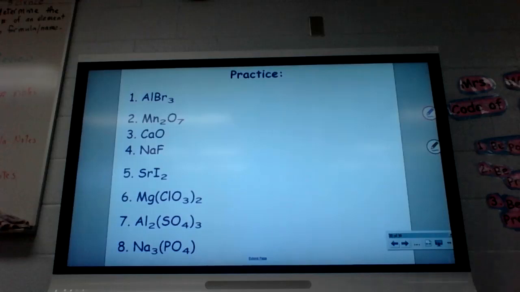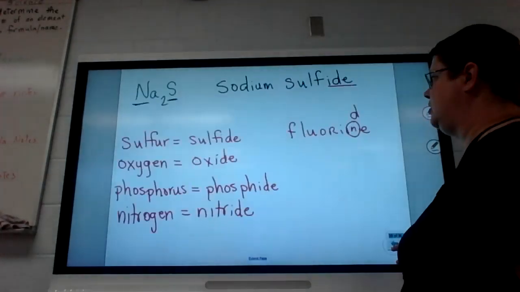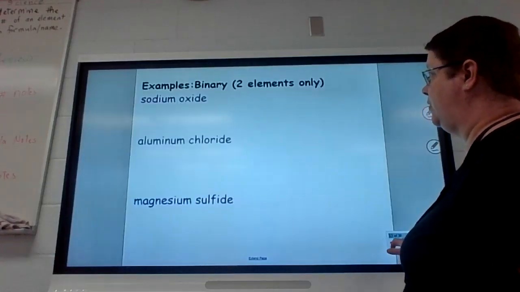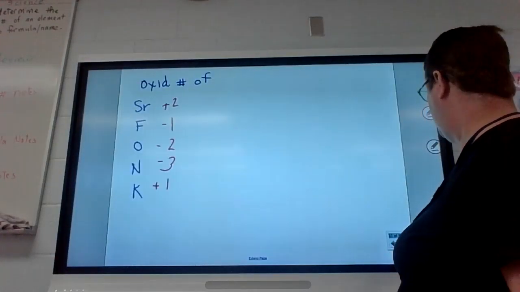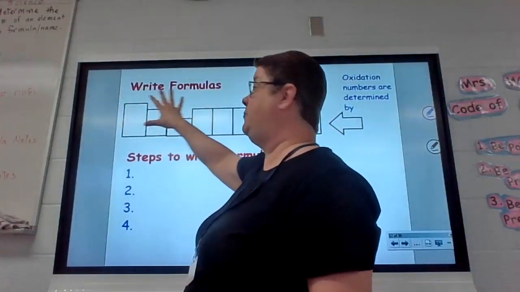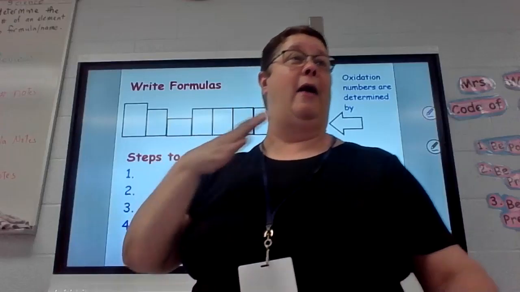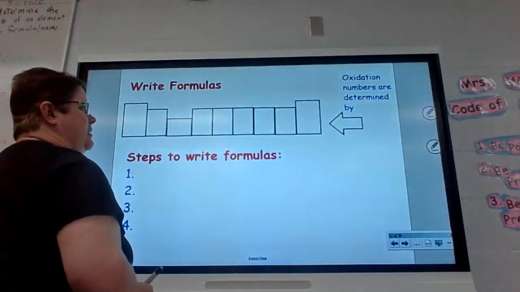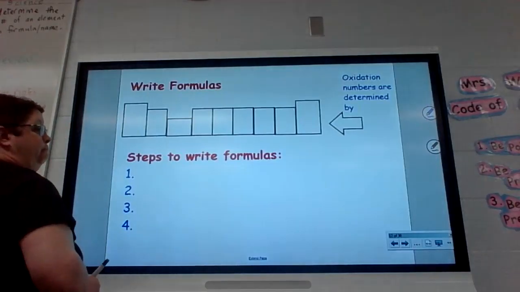Now we're going to talk about how to write formulas. We may or may not finish this part today, but we're going to give it an old college try. You do not have to draw this. That's up to you. I'm going to put it in because that's important. So tell me what the oxidation number is for group 1.